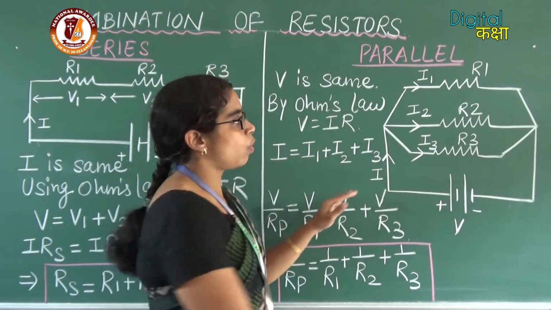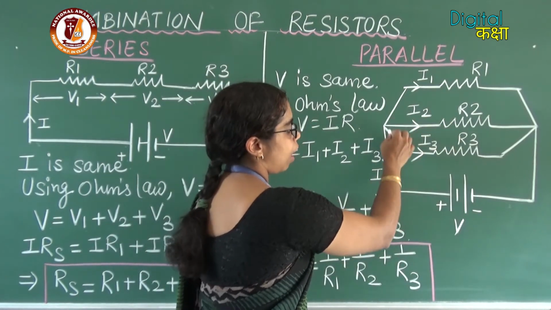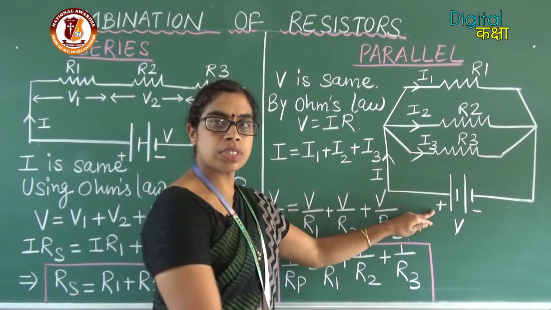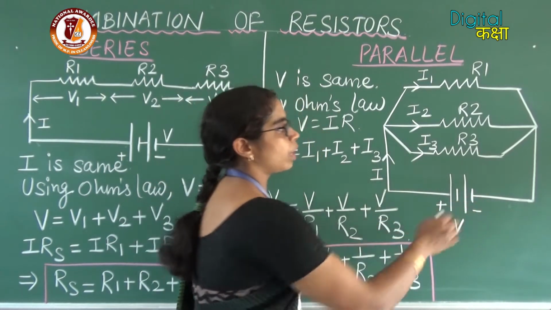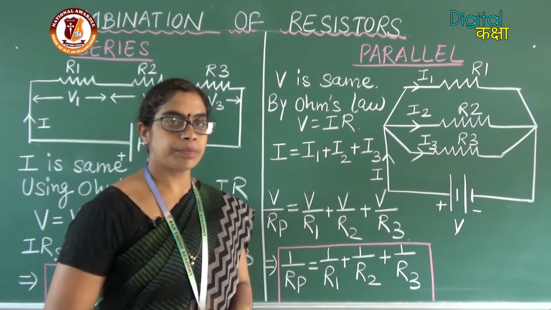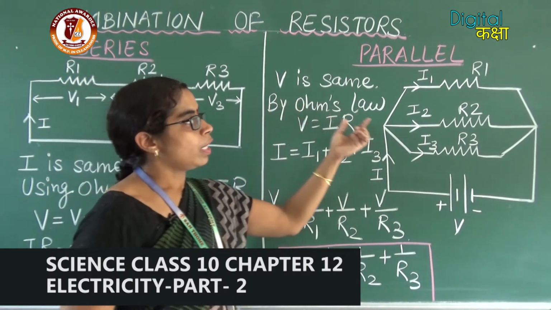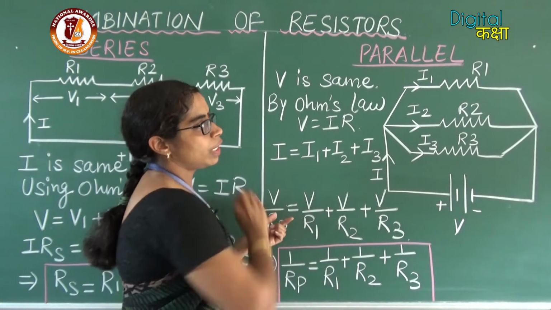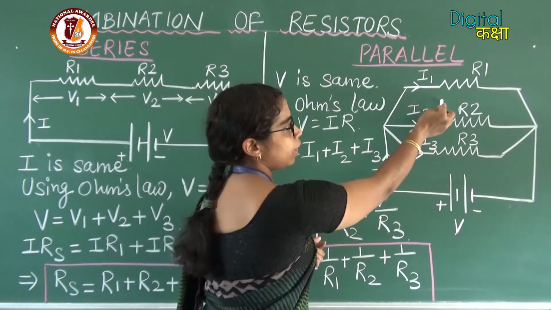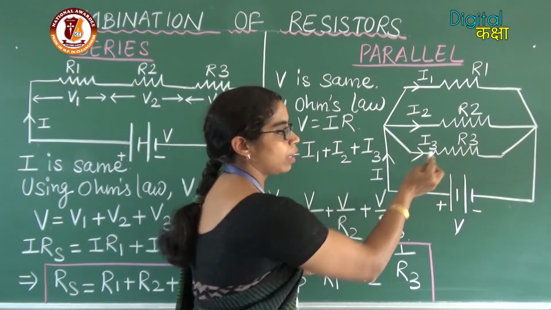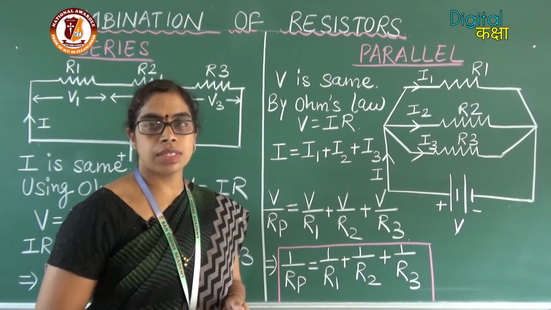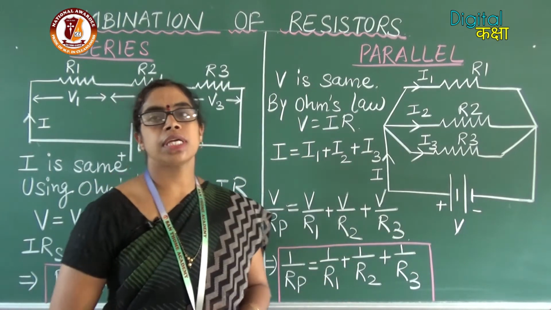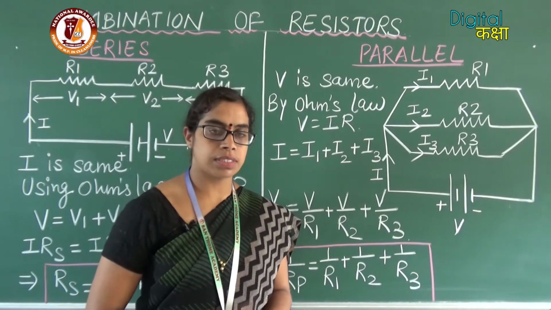Both the ends of the three resistors are connected respectively with the positive and the negative terminals of the battery. So in this combination, the potential difference across R1, R2 and R3 will be the same as that of the battery, which is taken as V in this case.